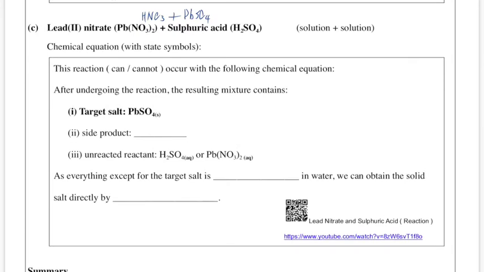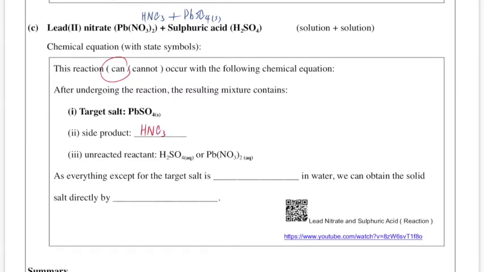Then let's check. Does it contain water? No. Does it contain a gas? No. Does it contain a precipitate, a solid? Yes, here. The lead-2 sulfate formed is insoluble, so it would form something solid, a precipitate. Hence, this double displacement reaction can take place. So just circle it, it can take place, and after the reaction, it will form the target salt we want, which is lead-2 sulfate, and the side product, which is nitric acid.